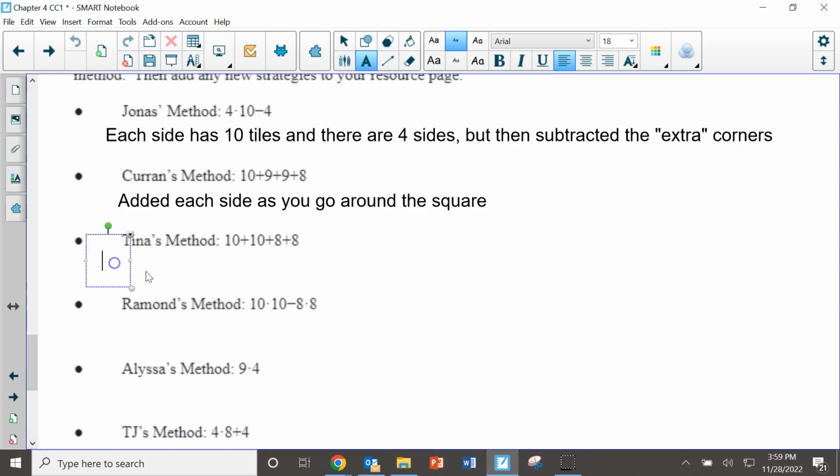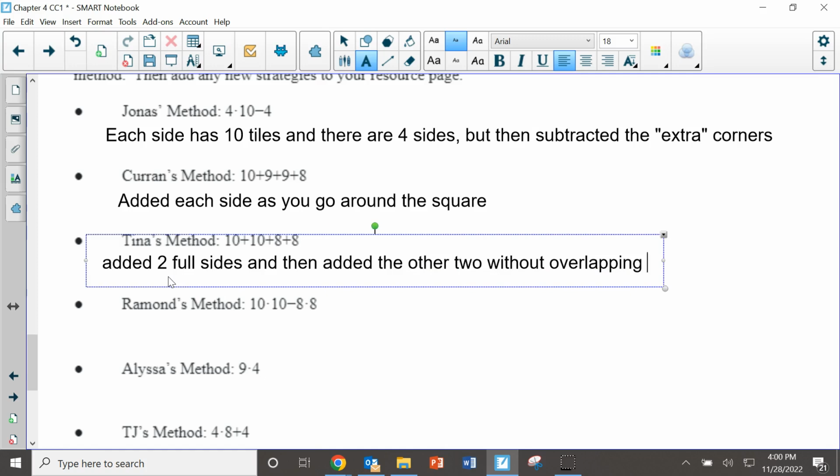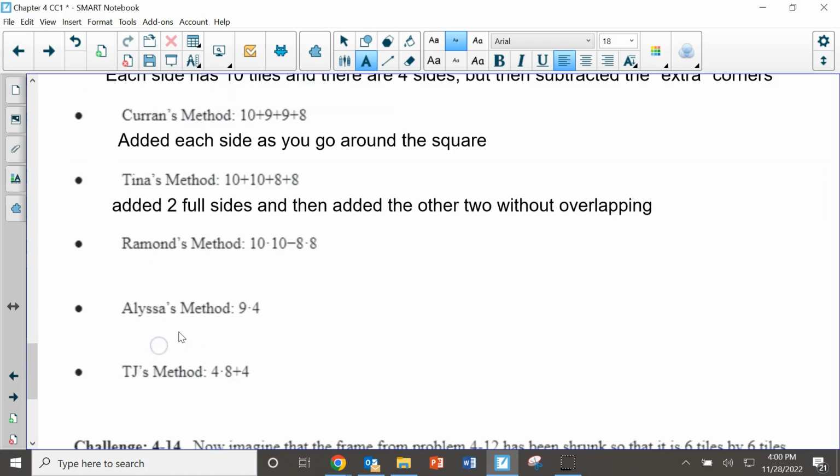Tina's method, we added 2 full sides and then added the other 2 without overlapping, something like that. Or you could say I added the lengths and the widths. Yours can be a little bit different than mine.